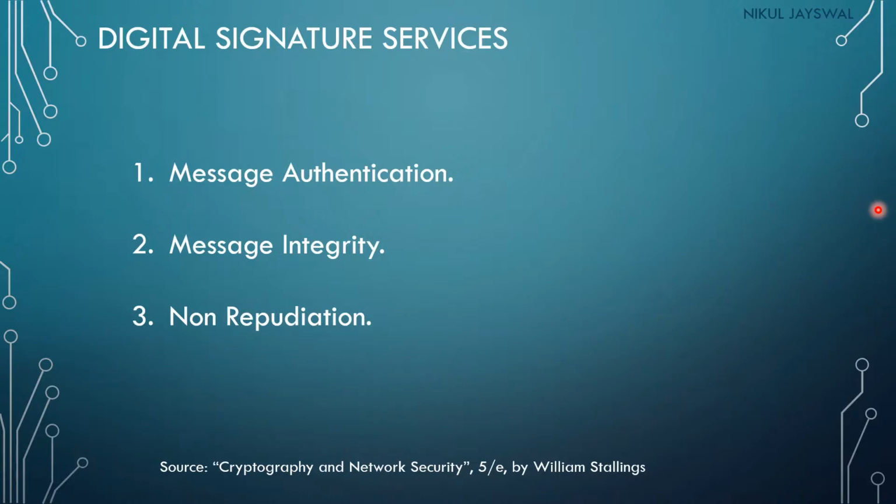So what we are doing here is we take the message, we calculate the hash value, and we encrypt that hash value with the sender's private key. So this will automatically provide the integrity. So digital signature will also provide the authentication, and digital signature will also provide the integrity. So for the integrity, no need to separately calculate the hash value. Clear. So that is the major service by the digital signature.